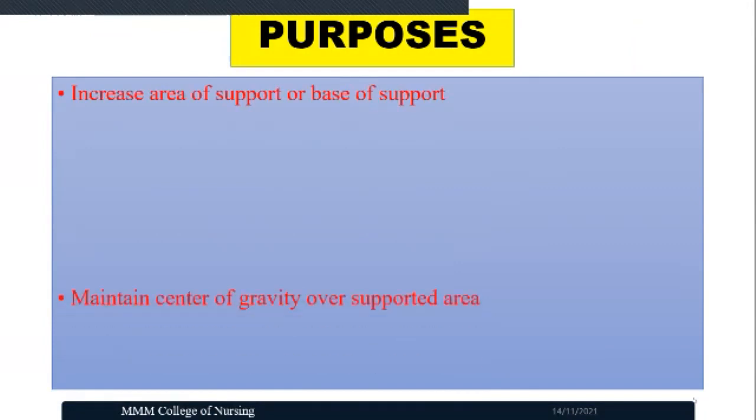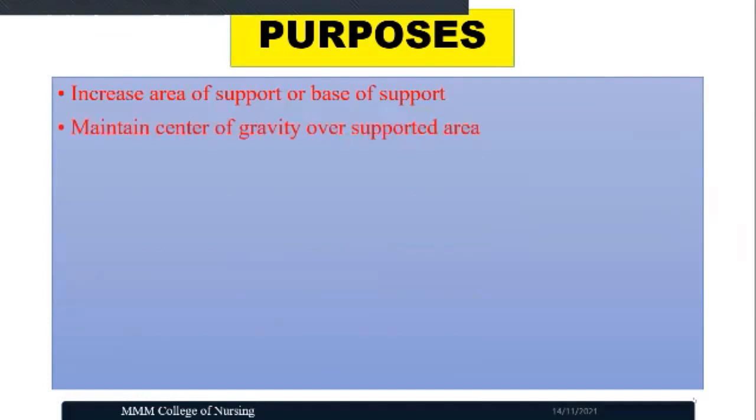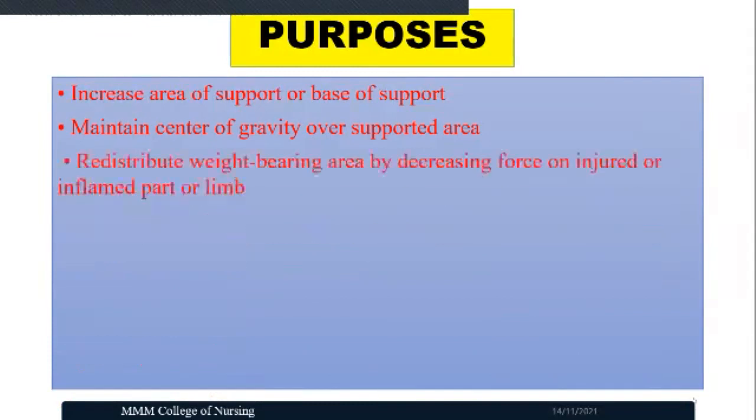Some of the purposes of using the ambulatory devices are to increase the area of support or base of support so that the patient will have good balance when walking. They also help maintain the center of gravity over the supported area.